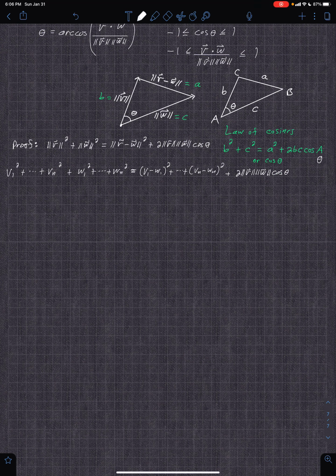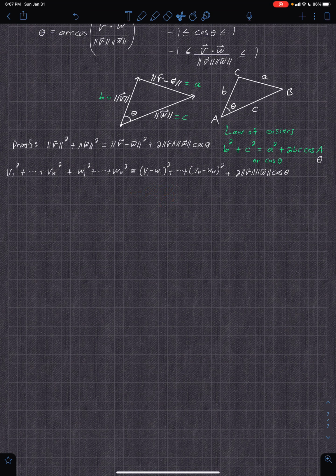Now, this part we're going to expand out and recollect. So when you expand out the binomial, you'll have V1 squared, W1 squared, and in the middle will be 2V1 W1, and it'll be negative. So I'm going to recombine it in a better way, see what you get.